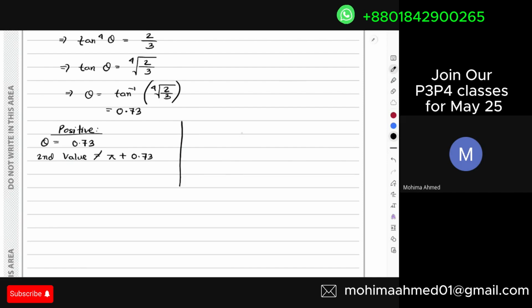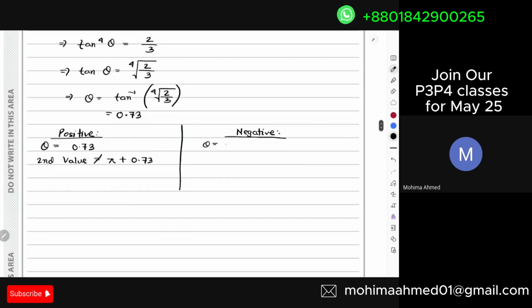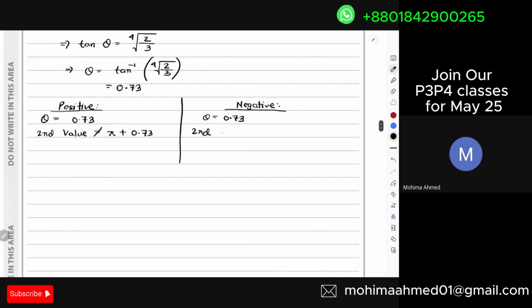But if we continue with the negative part, because the range was also given in negative values, the first value is also 0.73. For your second value, it's going to be minus pi plus 0.73, because now your data is in the negative range, so your pi also becomes negative.